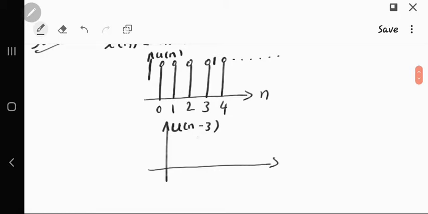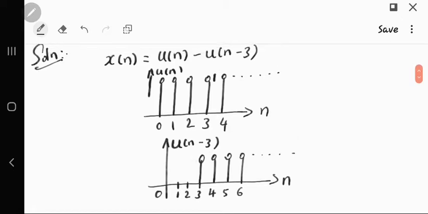Since it is n minus 3, we shift towards the right. So right shift the same signal by 3. The signal starts from 3 here: 1, 2, 3, 4, 5, 6, etc. This is the time shifted version u of n minus 3 with amplitude 1.